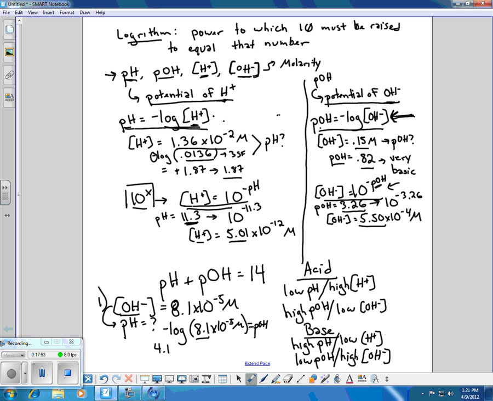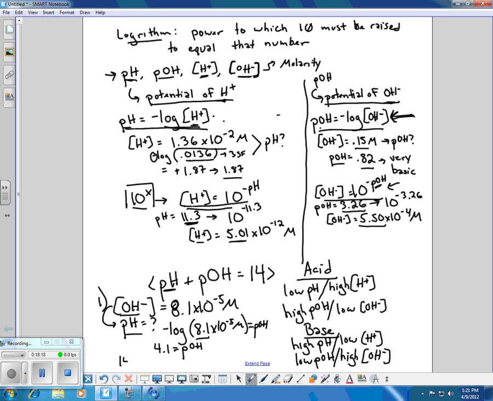But again, I'm not done because ultimately the question was asking for pH. So here we're given a pOH value, and I know I'm getting towards the bottom of the page here. I'll scooch up in a second. We're given a pOH value. I want to get to pH. Well, looky here, we have a formula that relates pH and pOH. So I could find the pH value by subtracting 4.1 from 14.